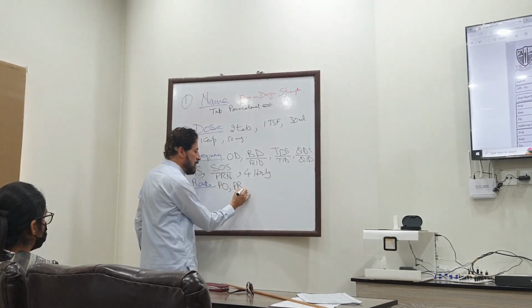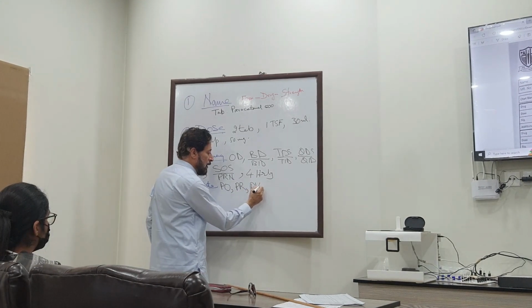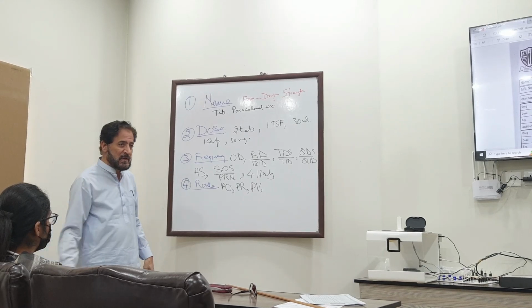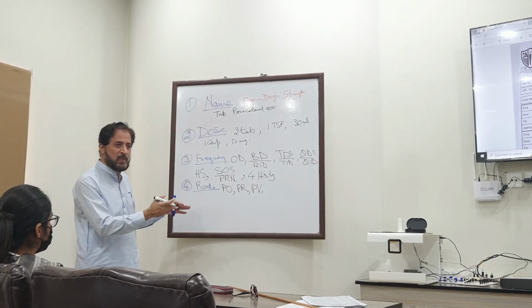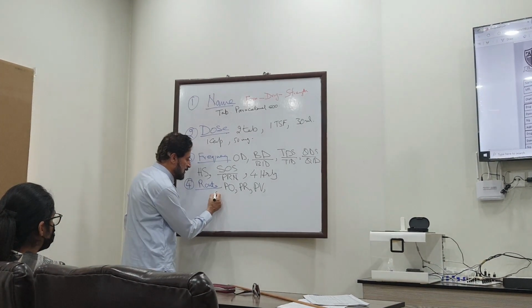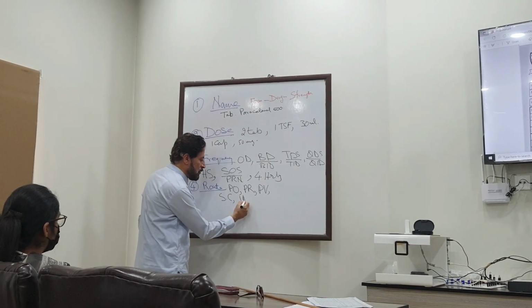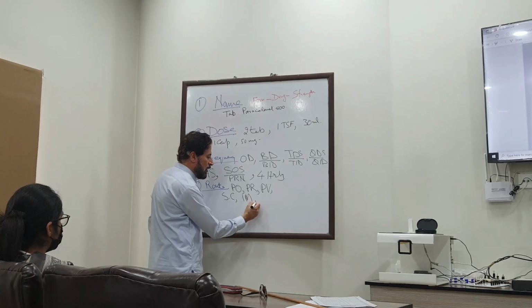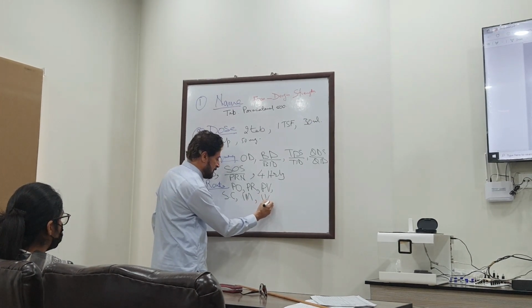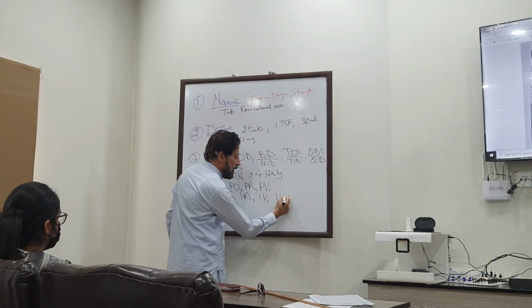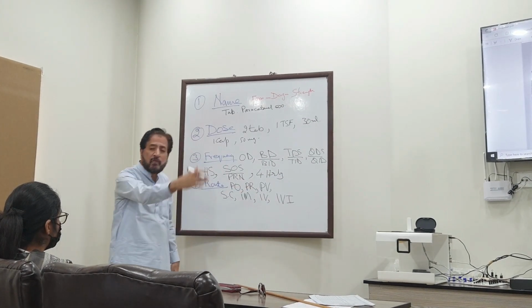It can be PV, vaginally, like antifungal tablets are given vaginally, right? Similarly, if a parenteral drug is being administered, it can be subcutaneous, it can be intramuscular, IM, or it can be intravenous, IV, or it can be IVI, intravenous infusion.